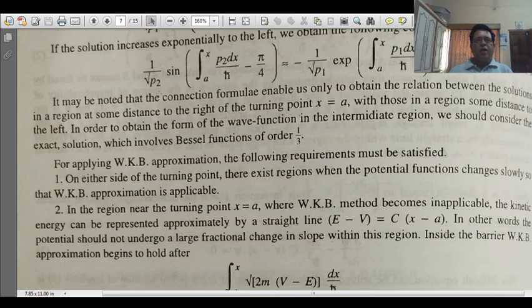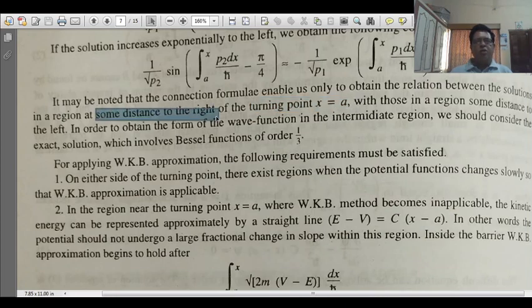Now it may be noted that connection formulae enable us only to obtain the relations between the solutions. Which solutions and between which regions? The region at some distance to the right of the turning point x equal to a, with those in the region some distance to the left. x equal to a is the turning point.